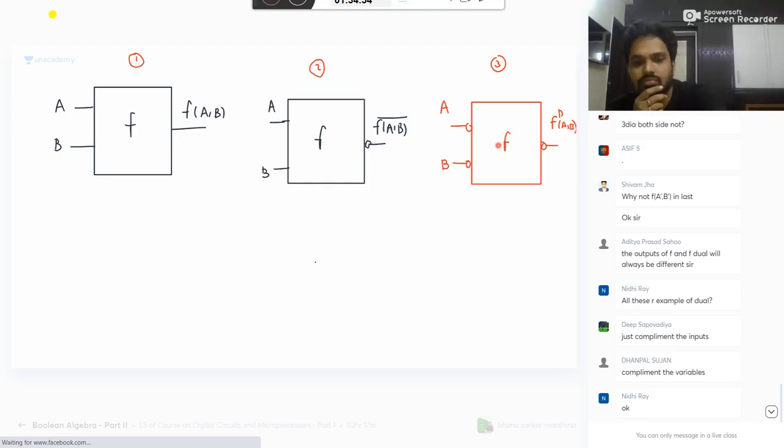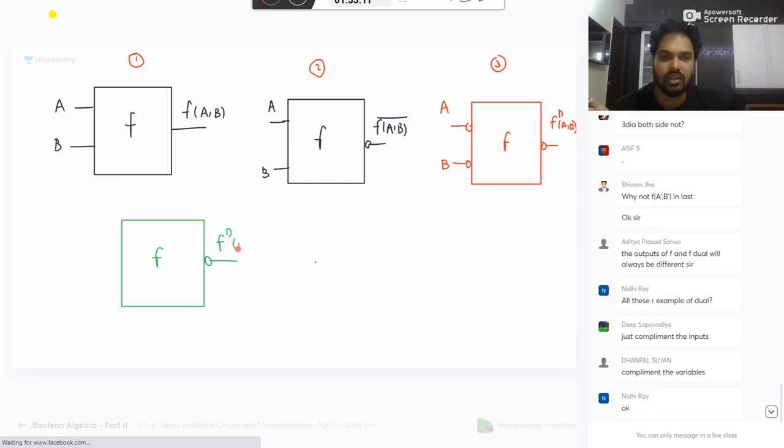So I will write one figure now. Please tell me whether it is correct or not. These boxes you need not remember. Okay, don't worry in that case. I want to give you explanation with the help of this box. This is FD of AB, na? Here you are giving AB, na?